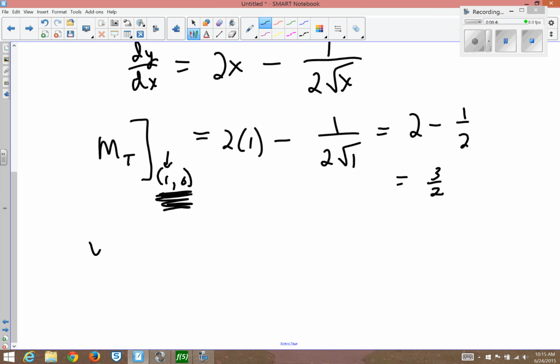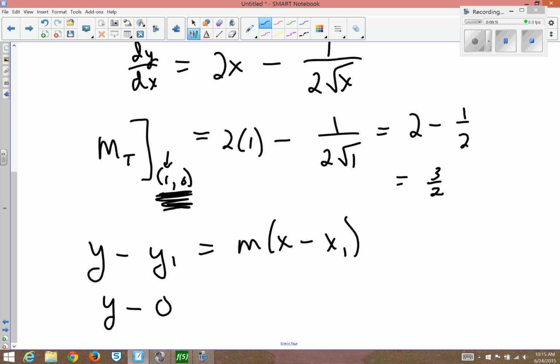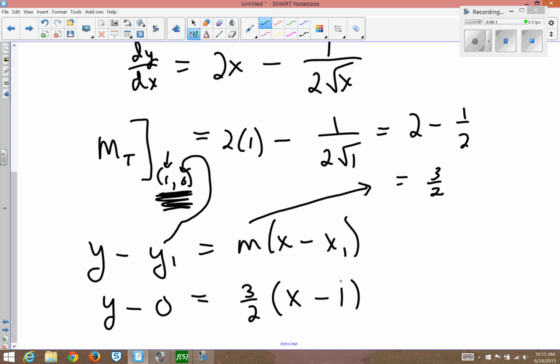The equation of a line, this is the equation of a line. The equation of the tangent line at the point 1, 0 is y minus 0. For y1 we're using this number, equals m. For m we're using the slope of the tangent line, parentheses x minus 1.